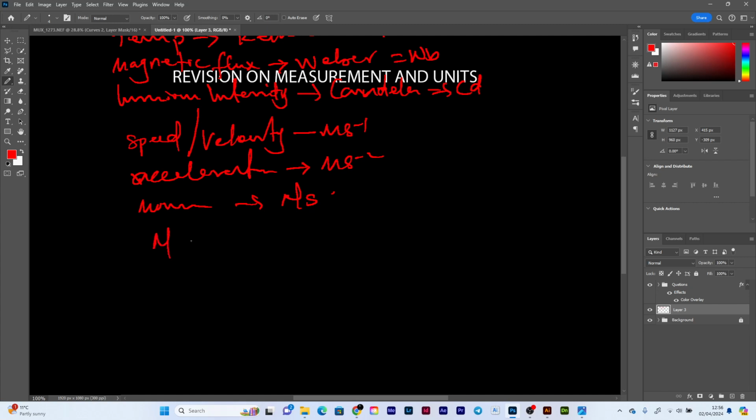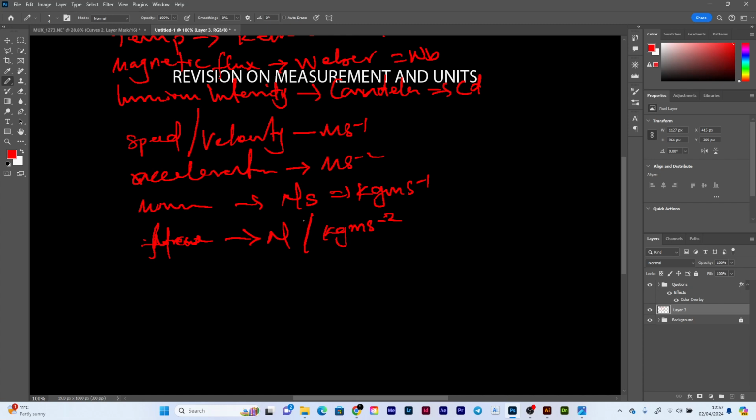And you know, Newton, that is force. Force is measured in Newton, and 1 Newton is equivalent to kilogram meter per second square. And this one can be kilogram meter per second for momentum or impulse. Are you getting where I'm coming from? And the list goes on like that for derived units.